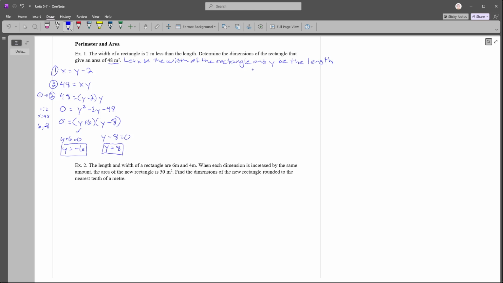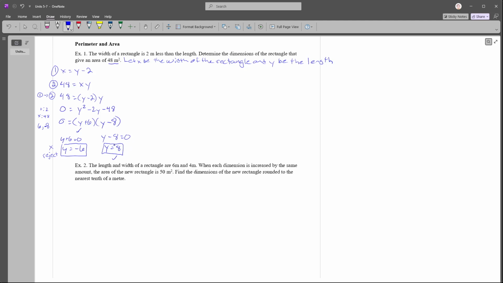Oh. So if that's the situation, that means that y is equal to minus 6 is actually impossible, because that would give us a length of negative 6. And that's impossible in every situation. So we are going to reject this one, which means y is equal to 8 is a solution that we're going to keep. So now that we have our length, we need to calculate our width.